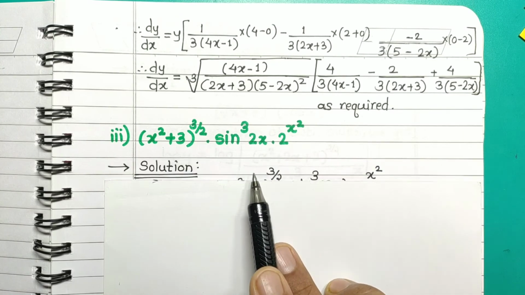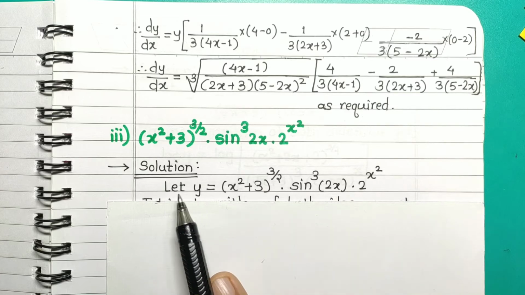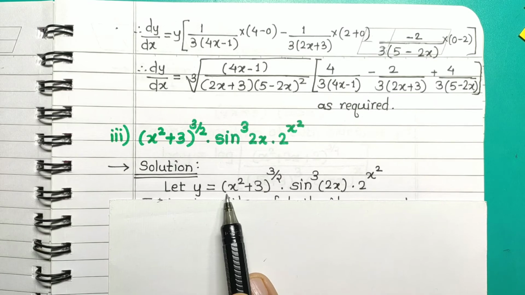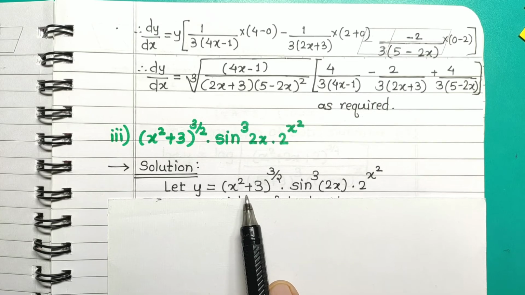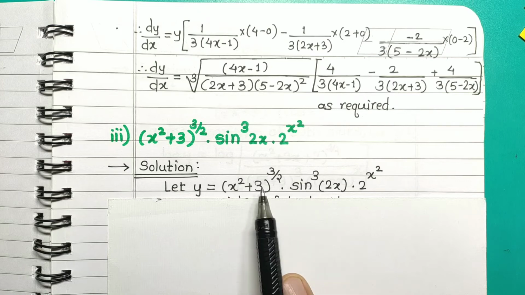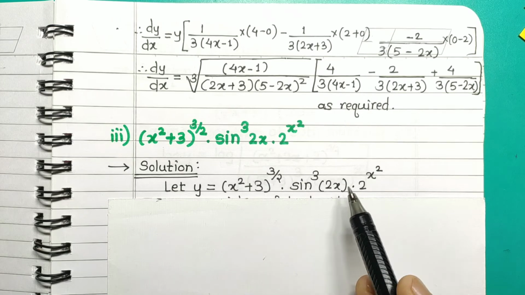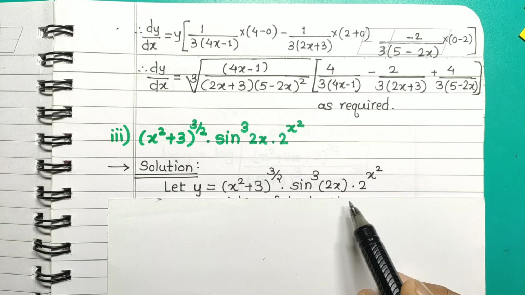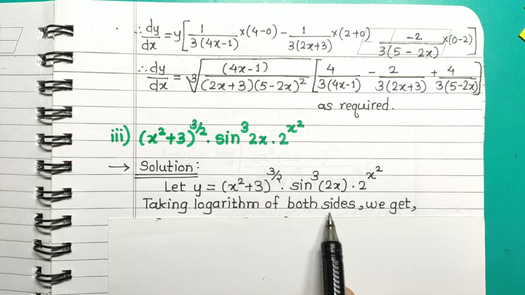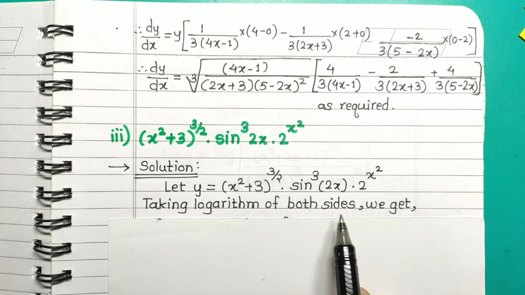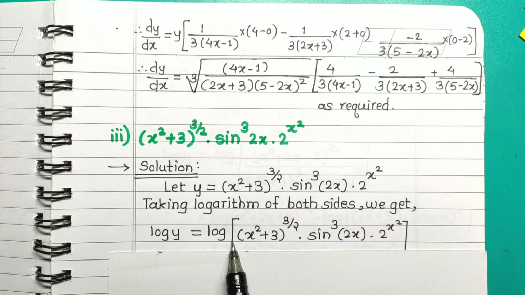In the solution, you write down the given function and let it be y. By observing this function, we observe that we can simplify it using logarithm, which means logarithmic differentiation is useful here. So to simplify this function, taking logarithm of both sides, we get log y is equal to log of this whole product.